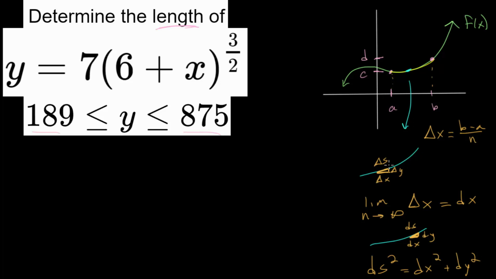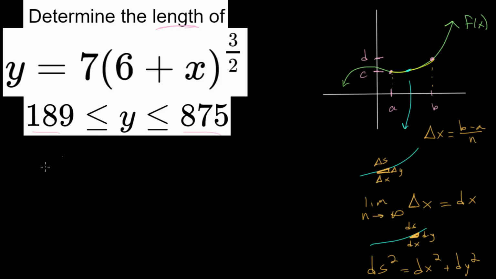And the entire purpose of looking at one little section of this curve is that if we know the length of one section, we can then just add up all of the tiny little sections along the curve. And again, I am exaggerating the size of these. These would be extremely tiny, but you can get the idea that we're just going to add all of those up.